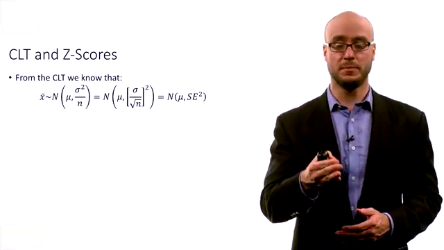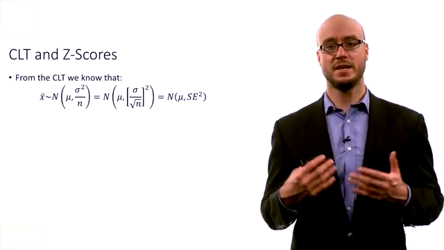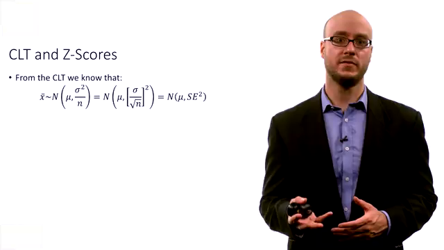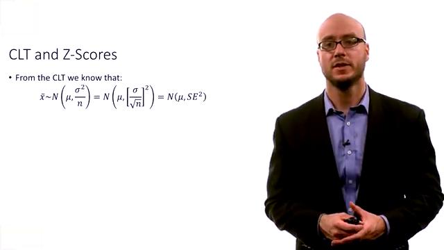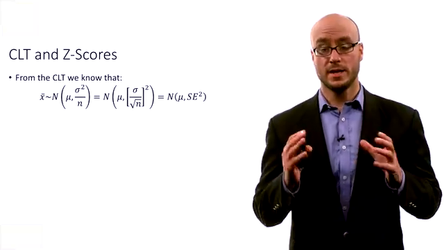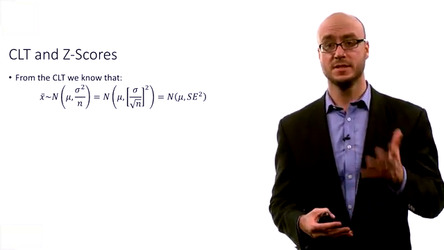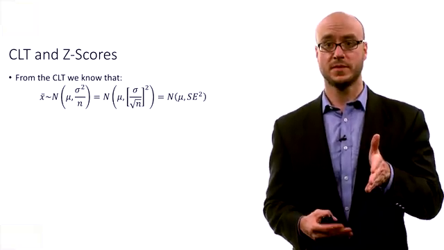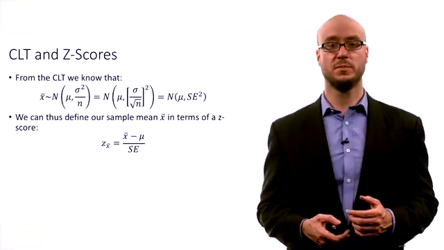It's centered on the population mean mu, and it has a variance given by sigma squared divided by lowercase n. Again, in general, we can summarize this as just the standard error of the sample mean squared. So that's just from the central limit theorem.